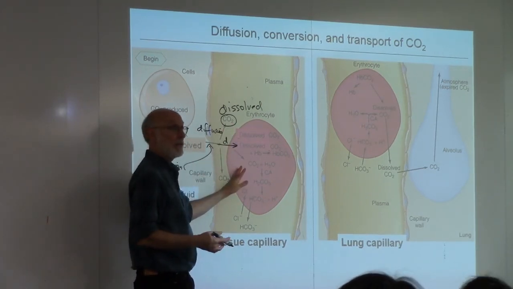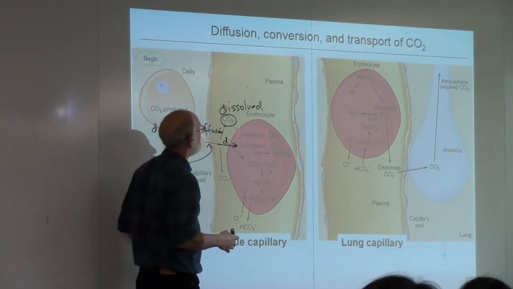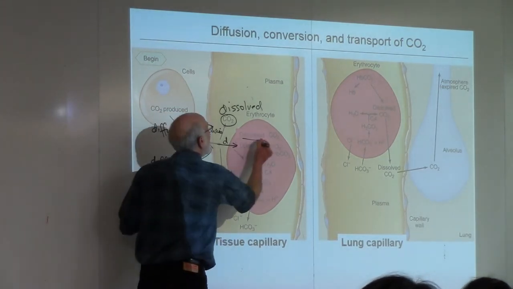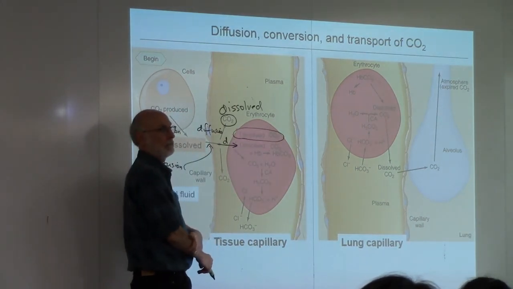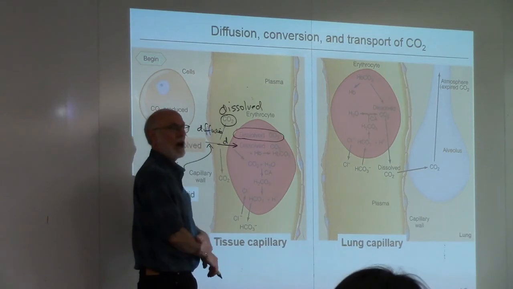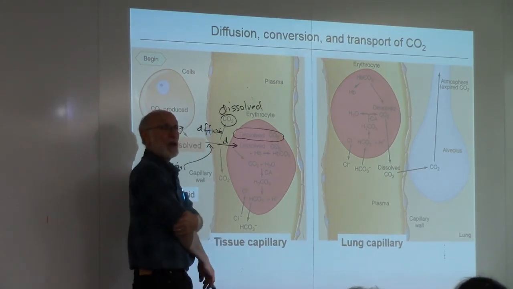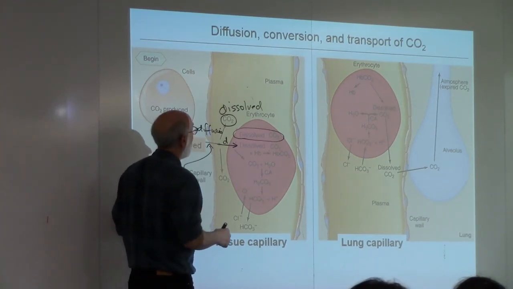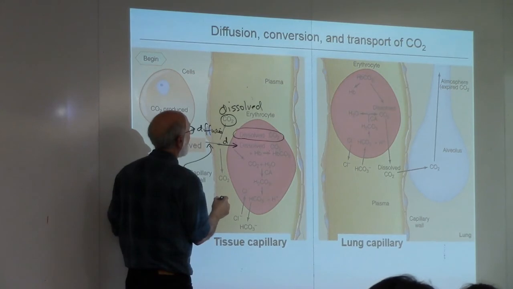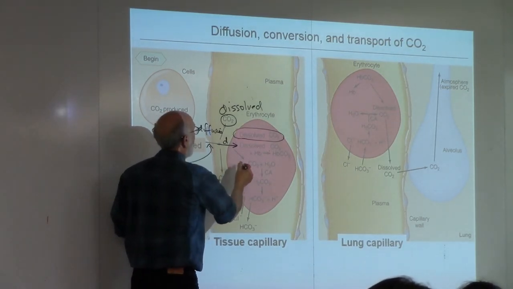We're in the cytoplasm of the red blood cell. Some of that is now dissolved in the cytoplasm. It's just dissolved CO2. Not a large amount, but it's what contributes to the partial pressure of CO2, so it's not trivial. Okay, so this is diffusion.